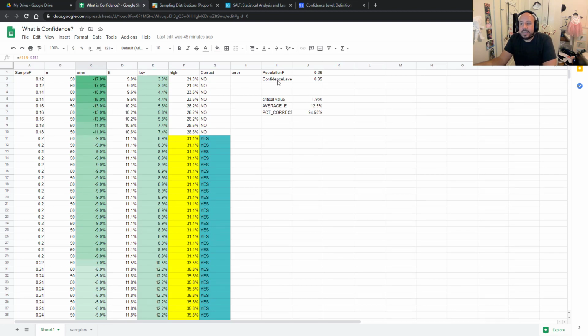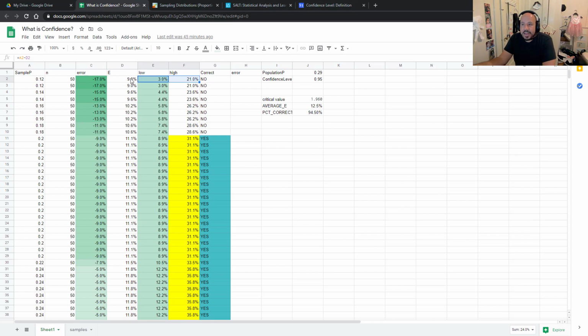And then over here I can adjust the confidence level, and right now I have it set to 95%. What I've built in is the confidence interval that would be computed with that 95% confidence level.